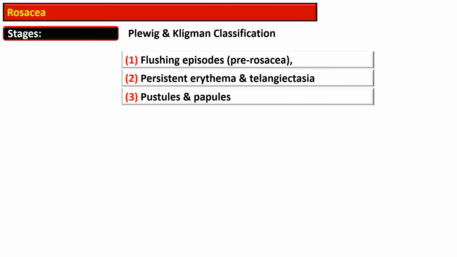The Plevig and Kligman classification for rosacea has divided it into three stages. One is the flushing episode, that is also termed as pre-rosacea, and then stage 2 is persistent erythema and development of telangiectasia. Then stage 3 is pustule and papule formation.